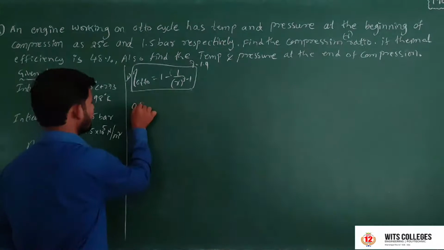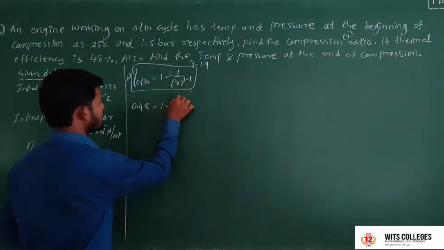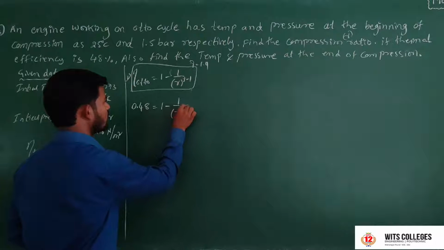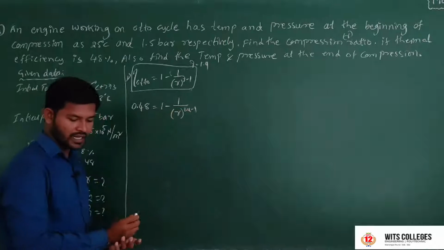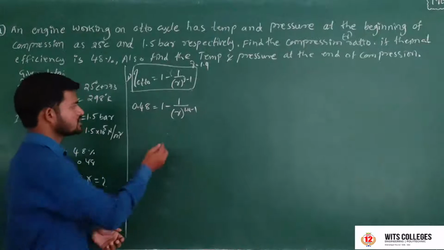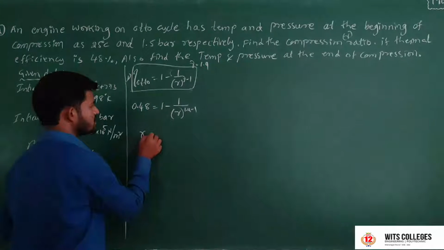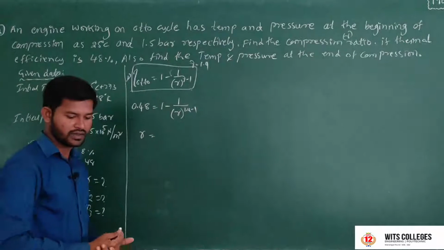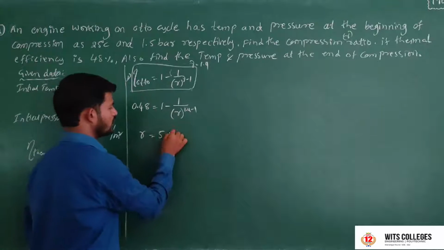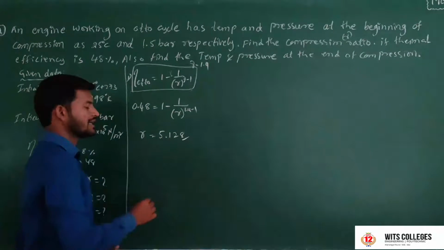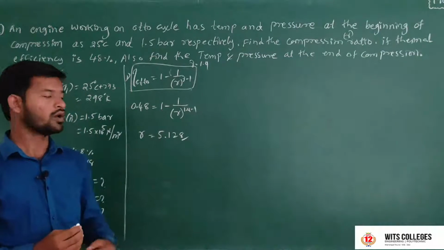We take 0.48 equals 1 minus 1 by r to the power of 1.4 minus 1. We solve this and get the r value equal to 5.128. Nearly, the compression ratio is equal to 5.